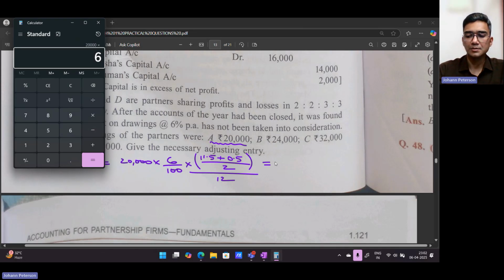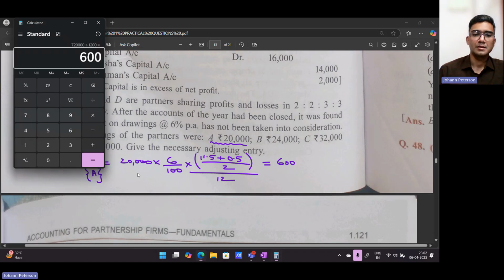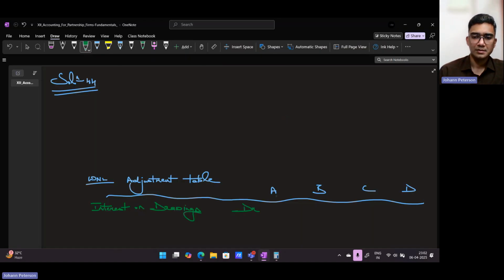Sorry, into 6 into 6. Divide the whole thing by 1200, which is 600. That is for A. So for A, it is 600.